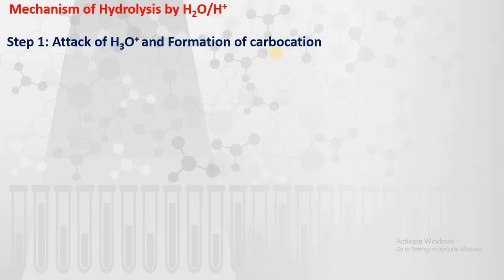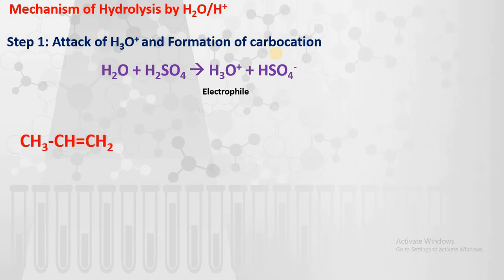So the first step is the attack of H2O/H+, or you can write this like H3O+, and there is formation of a carbocation depending on the substrate. Here H2O and H2SO4 give H3O+ and HSO4-. This H3O+ is nothing but the electrophile. So how does this reaction take place?